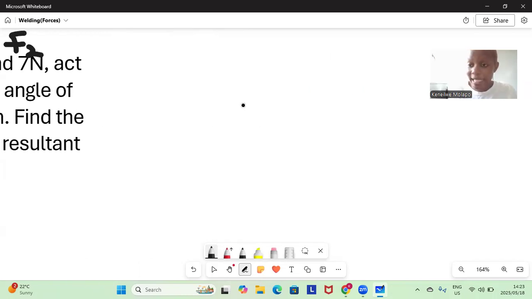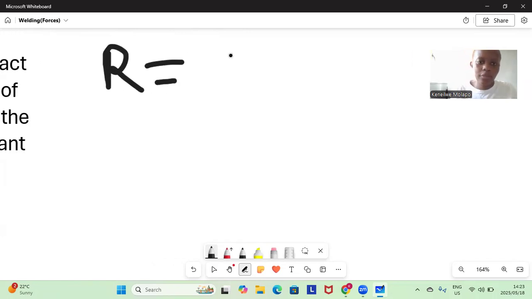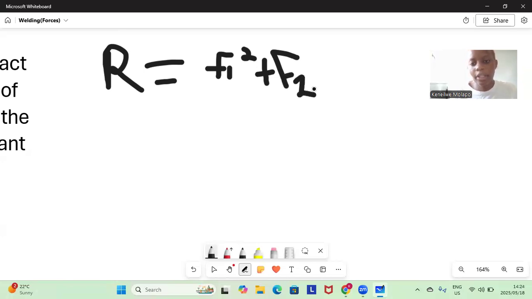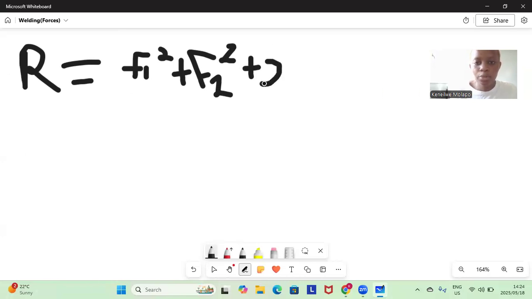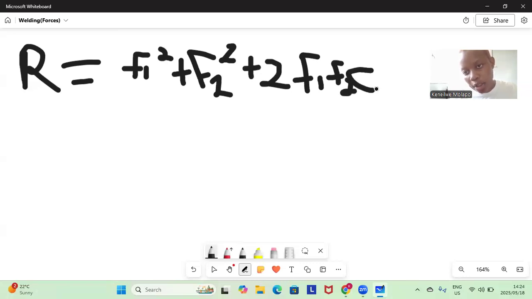I told you that the formula for resultant force for a parallelogram is R equals F1 squared plus F2 squared, then plus 2 F1 F2 cos of an angle. Never forget this.